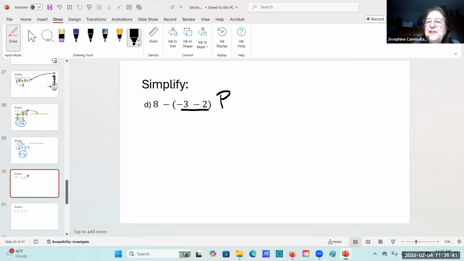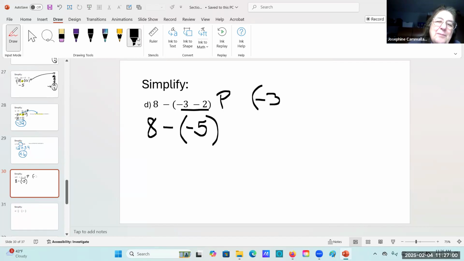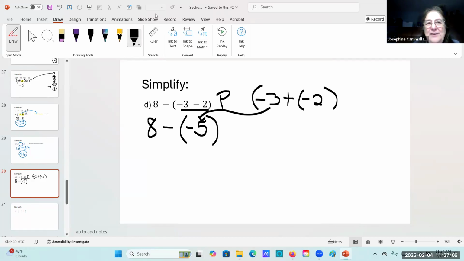Parentheses. We're doing this first. 8 minus negative 5. Negative 3 and negative 2. This is really negative 3 plus a negative 2. That's why we get the negative 5.